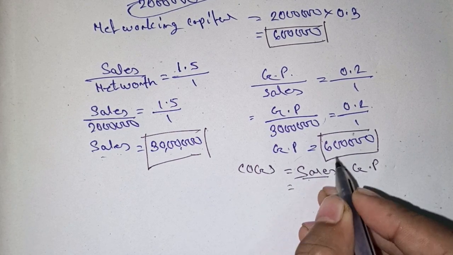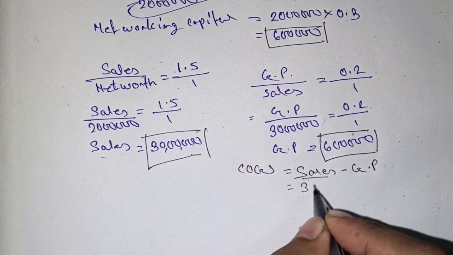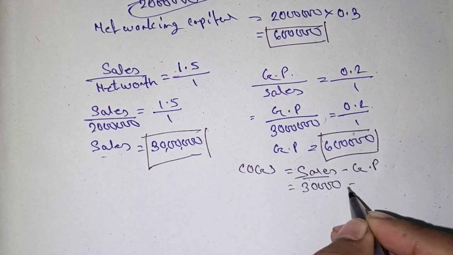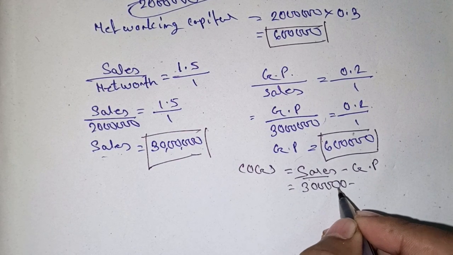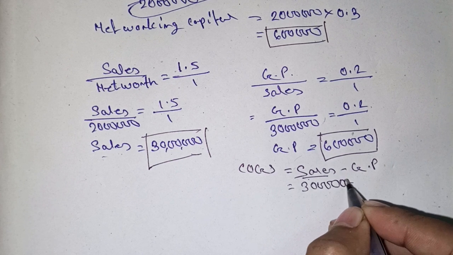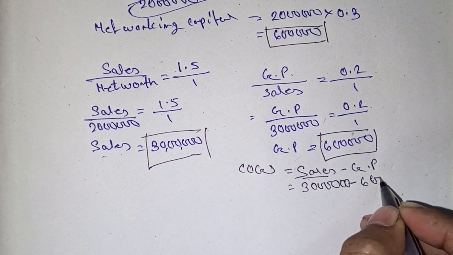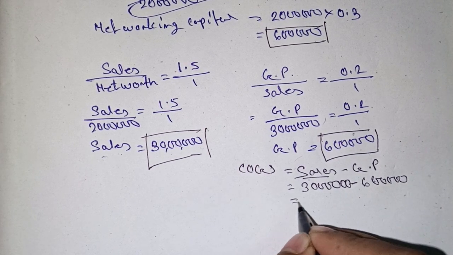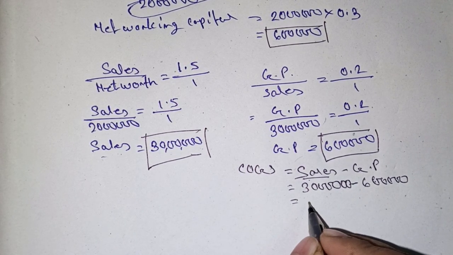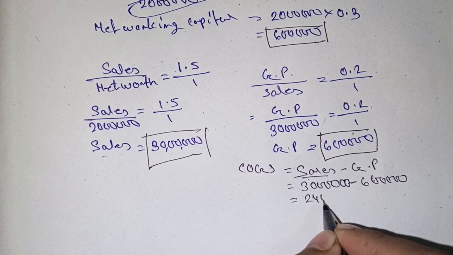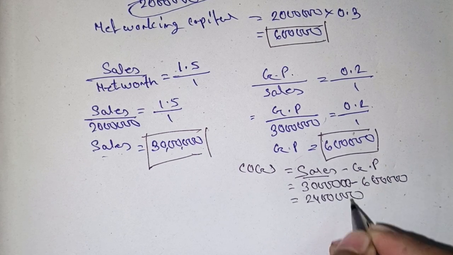Okay, so sales is how much? 30 lakhs. Sorry, this is 30 lakh. 30 lakh minus GP of 6 lakh, so our cost of goods sold will be 24 lakhs.